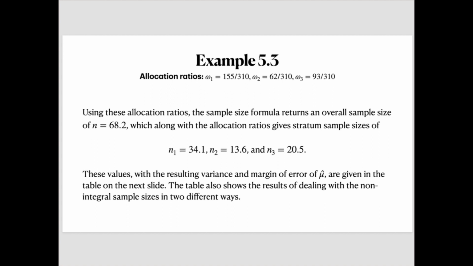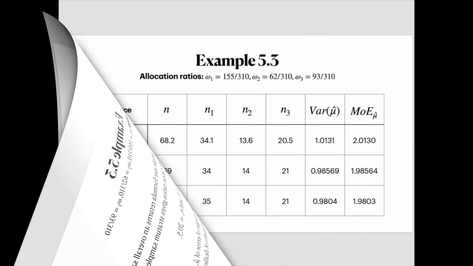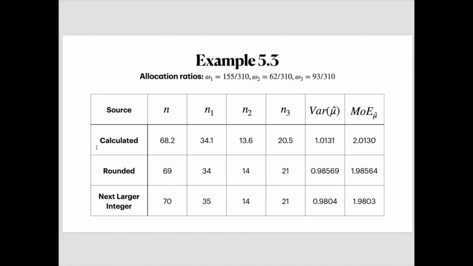The table also shows the results of dealing with the non-integral sample sizes in a couple different ways. And so again, the calculated value for the overall sample size is 68.2, and then multiplying that against the 3 allocation ratios, that would result in stratum sample sizes of 34.1, 13.6, and 20.5.